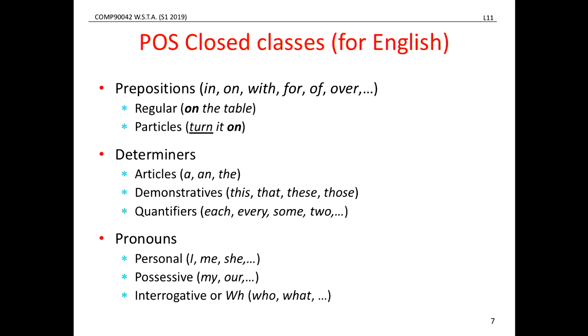So determiners are another one. We have things like articles, like a, the, and so forth. We also have demonstratives, that, these, and so forth. We can have quantifiers. We can have numbers. These kinds of things are all what we call the class of determiners.